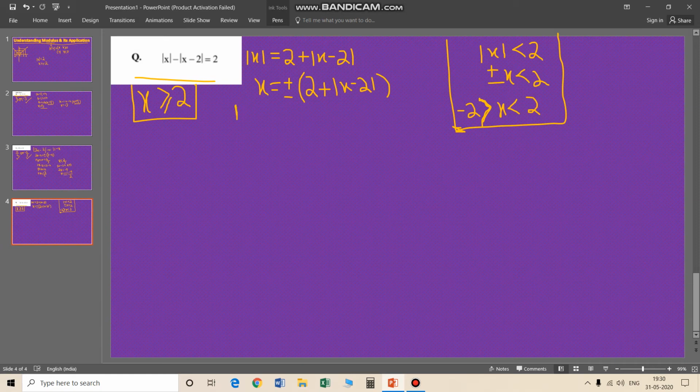For x greater than 0, the plus condition will hold. Then x equals to, I think we will not be able to fit in this page. I will rub some portion from this page.